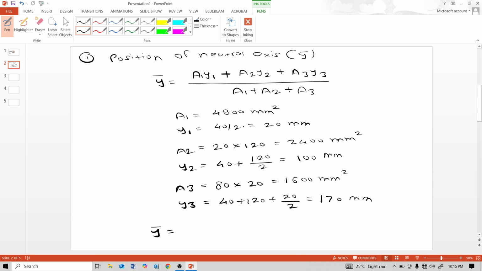Put all these values in the y bar equation: 4800 multiplied by 20 plus 2400 multiplied by 100 plus 1600 multiplied by 170, divided by 4800 plus 2400 plus 1600, is 69.09 mm, the position of the neutral axis from the bottom fiber.